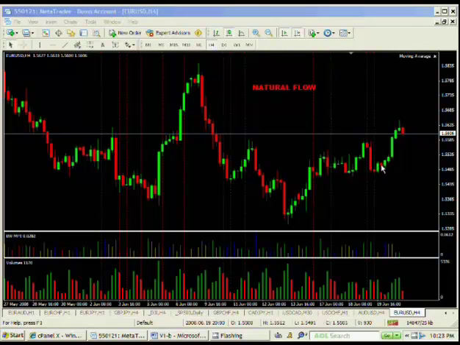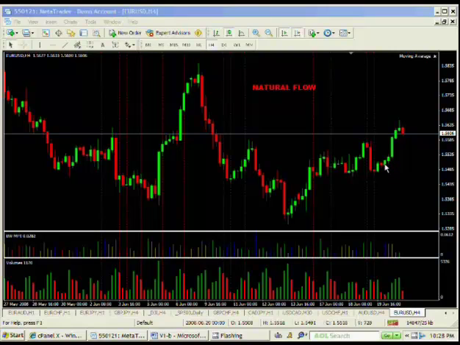And then this bar here is an operator bar, but it's a strong bar. They were buying on this bar. So we have operators buying here, we have a coiled spring here. And so now, since the operators are buying, we can anticipate price breaking out up through this coiled spring to go with where the operators are trying to take the market.